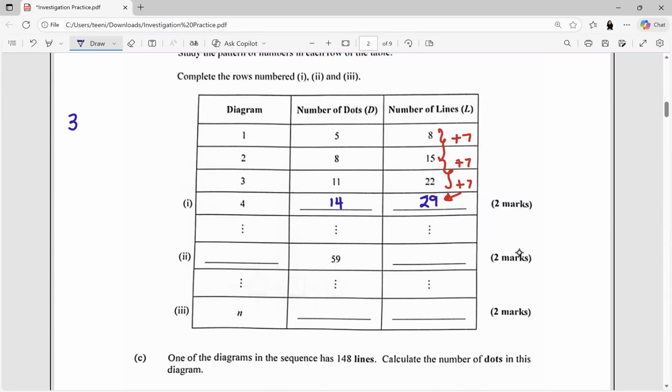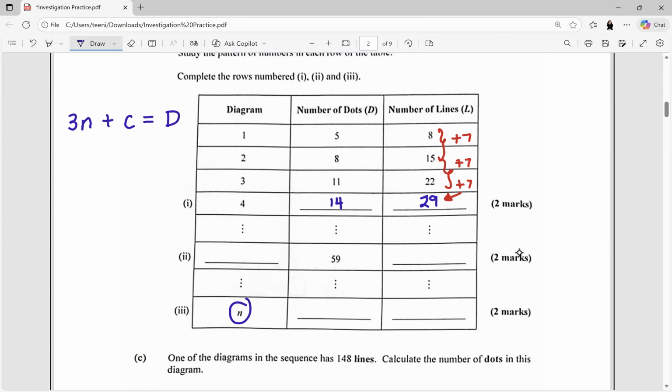If we let the diagram number represent, let's call it, no, sorry, we have D already. So let's call it N. So you'll say 3 times N plus some number will give me the number of dots, right?